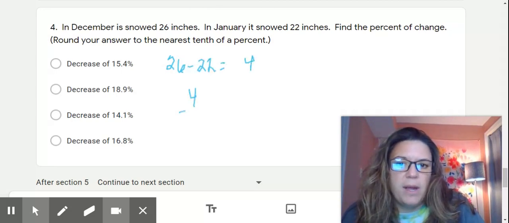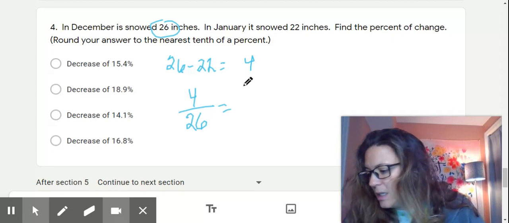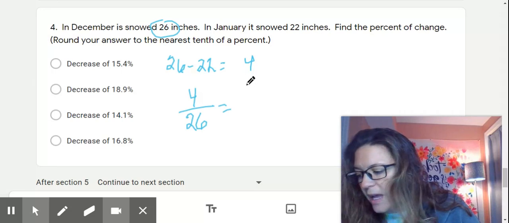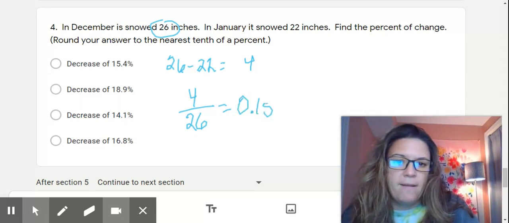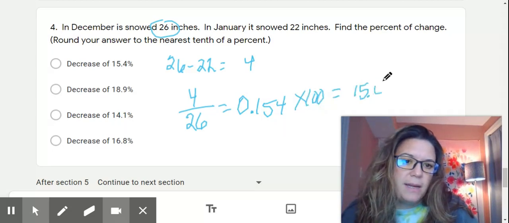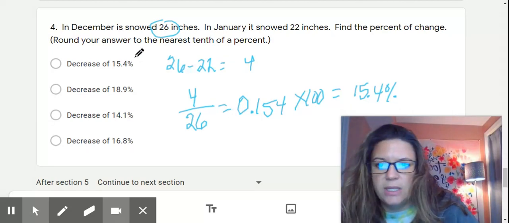And I divide that by the original, which is 26, because that happened first in this situation. And 4 divided by 26 on my calculator is 0.154. If I round it, times 100, 15.4%. And it was a decrease.